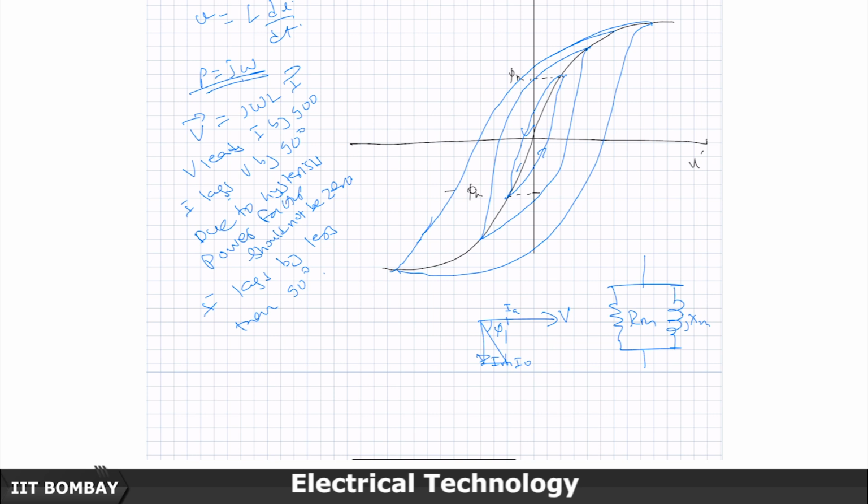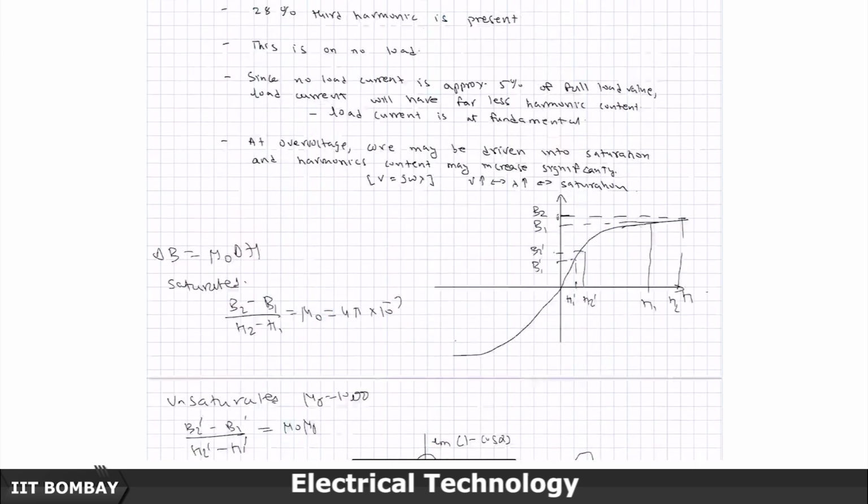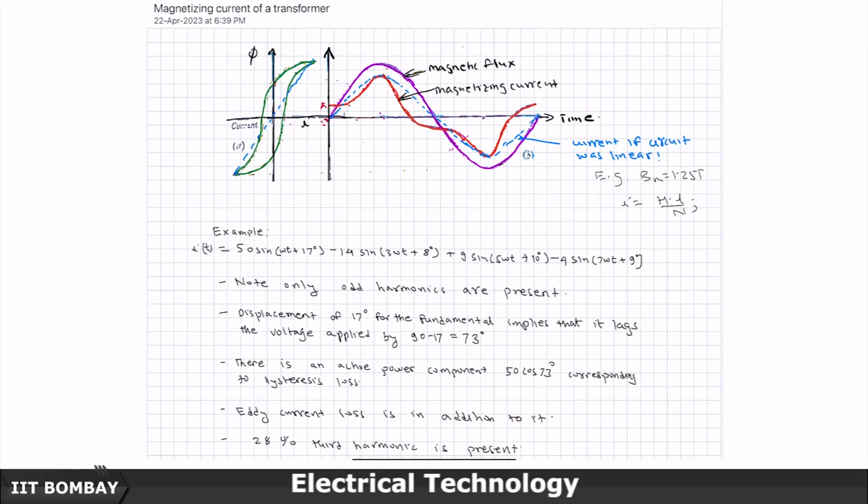So, now let us come back. We have designed a transformer for some phi m under normal operating conditions. I could have shown a family of hysteresis curves, but I have shown only one hysteresis curve here, and you can imagine there is an underlying base nonlinear curve around which the knee point and everything else is described, which has been converted through experimental measurement into the hysteresis cycle.